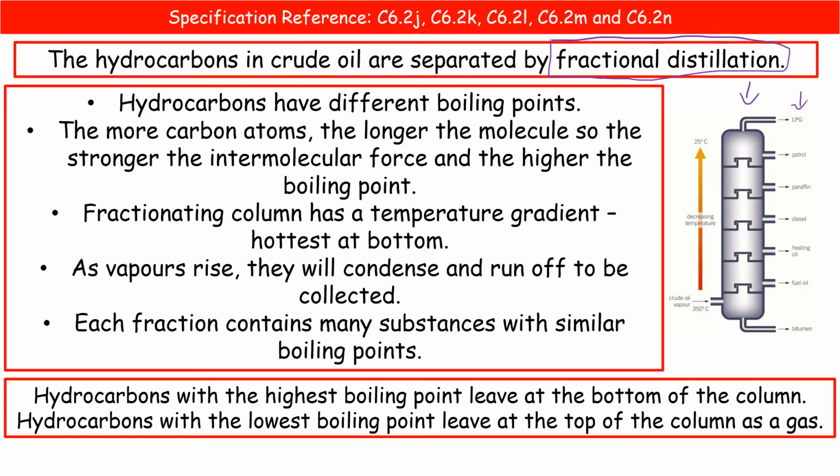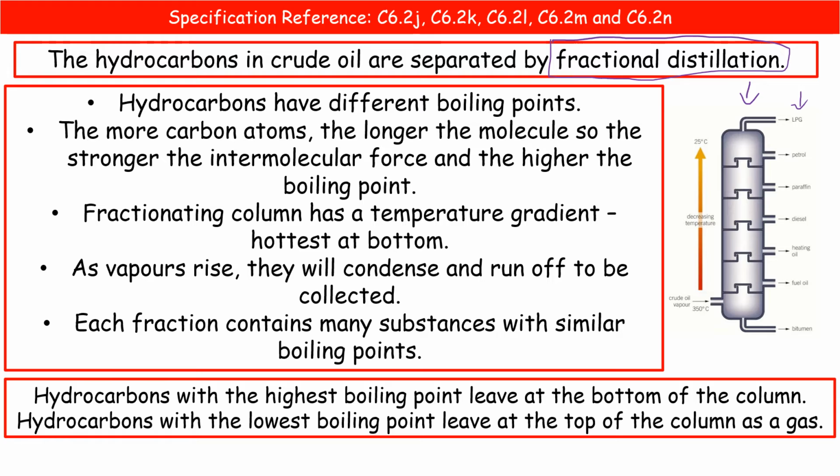So how does fractional distillation of crude oil work? Well, our hydrocarbons have different boiling points because each of those hydrocarbons has a different length molecule. The longer the molecule, the stronger the intermolecular forces, and therefore the higher the boiling point. Our fractionating column itself has what we refer to as a temperature gradient.